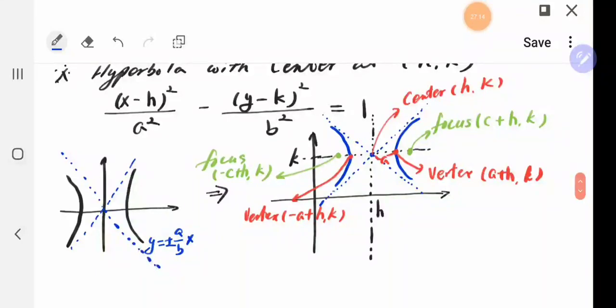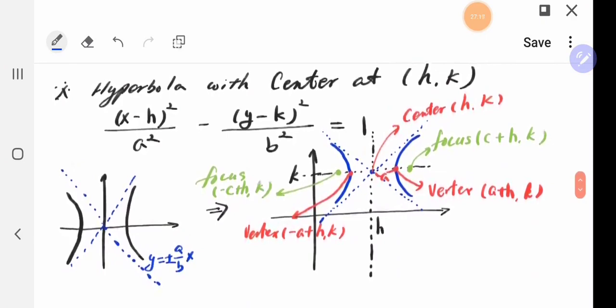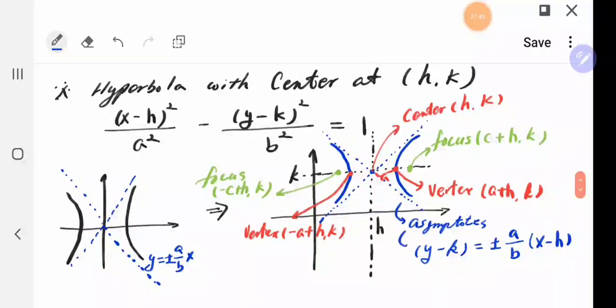When we translate the asymptote horizontally and vertically, we just replace X and Y. So the equation of the asymptote will be Y minus K equals plus or minus A over B, then replace X with X minus H. That will be the equation of the asymptotes.